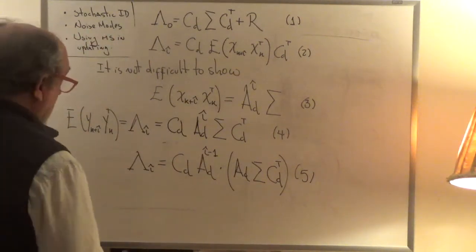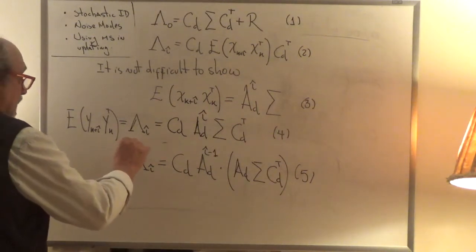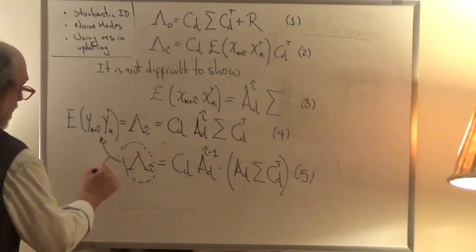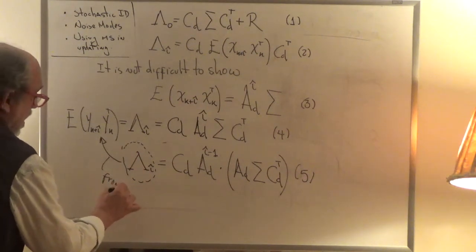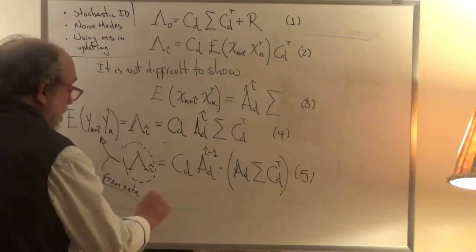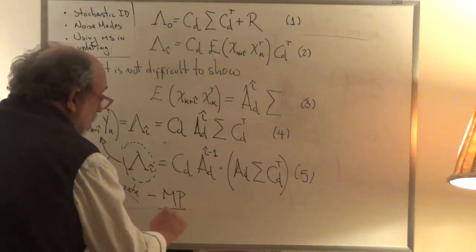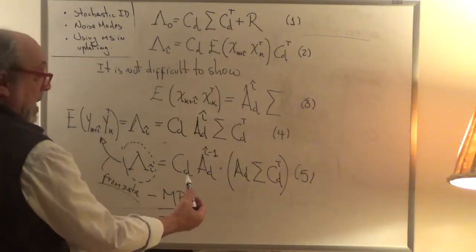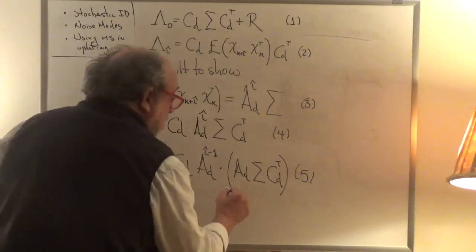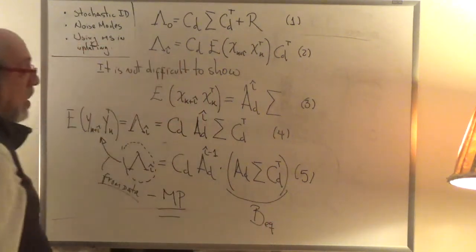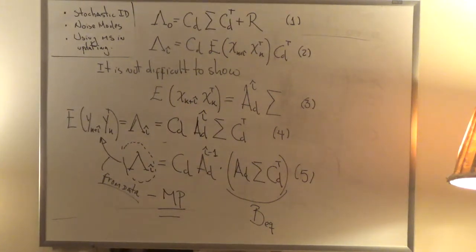So we can say that something right here that we can calculate from the data are actually Markov parameters for a system that has the C that we want, the A that we want, and a B equivalent, if you like, which is given by AD sigma CD transpose.